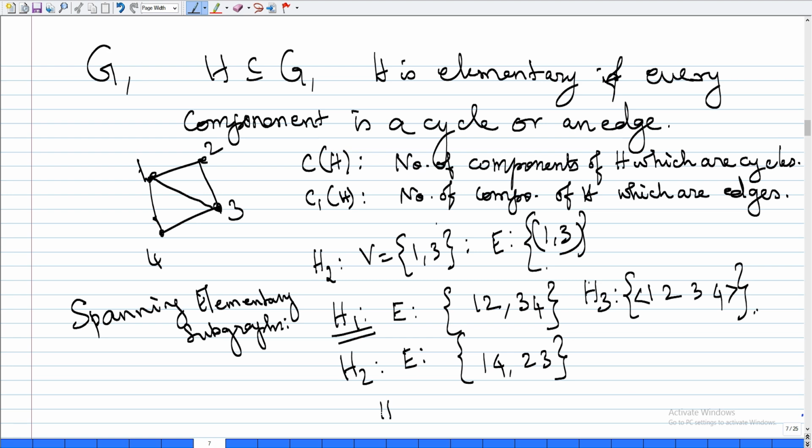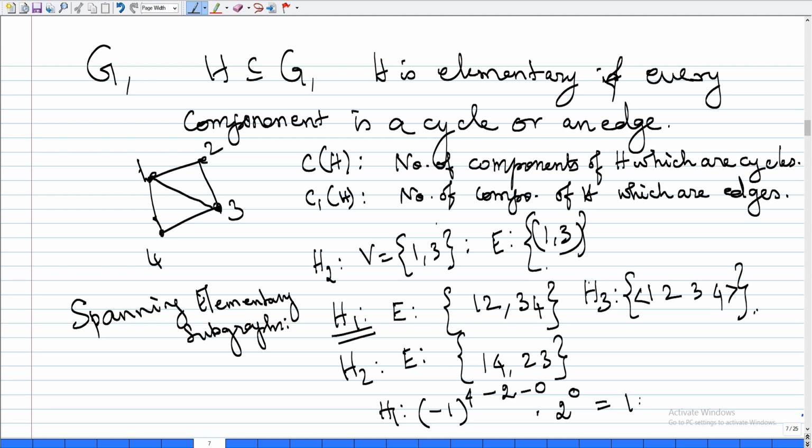Say for H1, what do I have? Minus 1 to the power of n minus, I have exactly 2 edges there. So first of all my n is 4. So 4 minus 2, and there are no cycles, so 0, into 2 power 0.